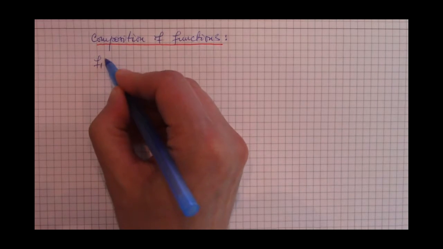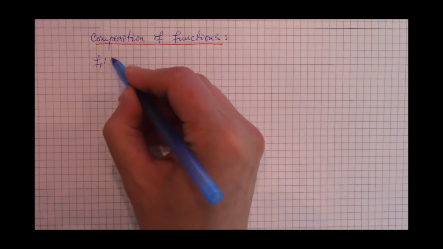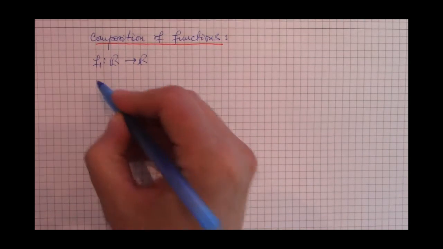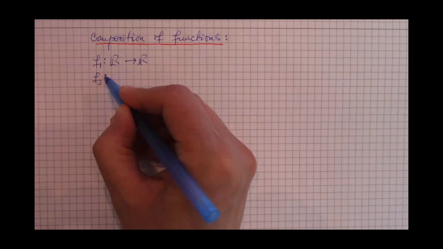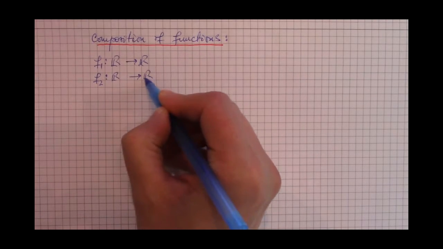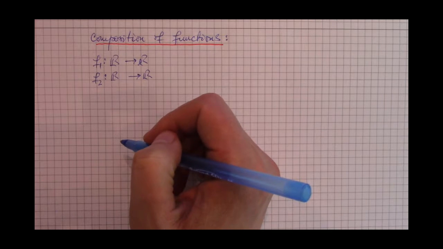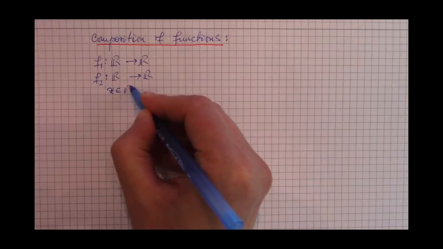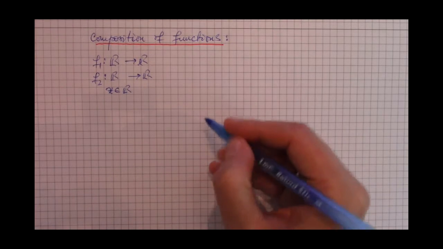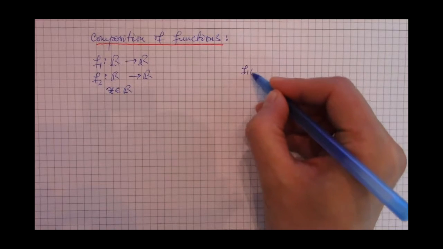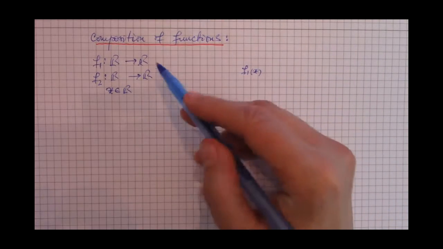First of all, let's say f1 is a function from the set of real numbers into the set of real numbers, and maybe f2 is another function from the set of real numbers into the set of real numbers. If we take a point x from the set of real numbers, f1 of x is a real number, right?